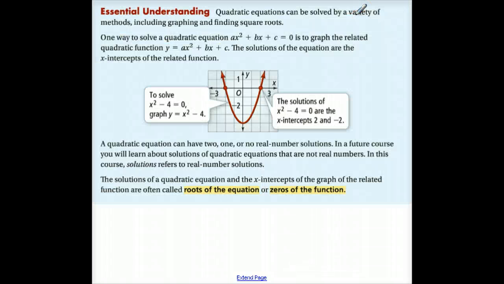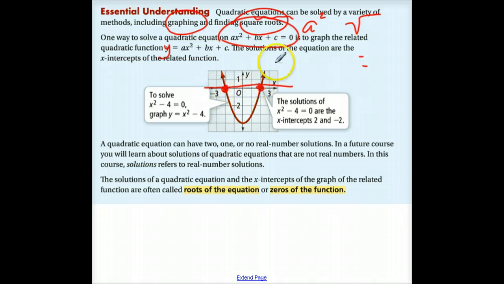To solve quadratic equations, we can do several different things. The two we're going to learn about today are graphing and finding square roots. Because in a quadratic equation we have the square, we can use square roots to help us get solutions. The solutions to an equation are the same as if we made our equation a function with y equals, where that graph crosses the x-axis, in other words, our x-intercepts.